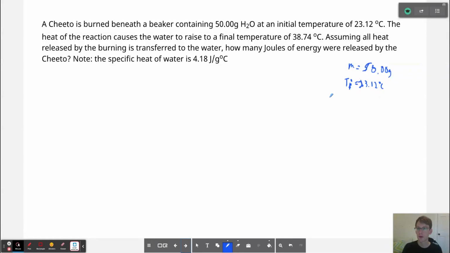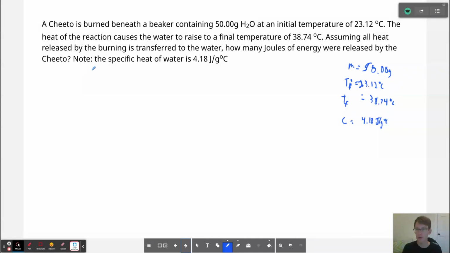Now, our final temperature is going to be 38.74 degrees Celsius. And our specific heat of water is equal to 4.18 joules per gram degree Celsius.